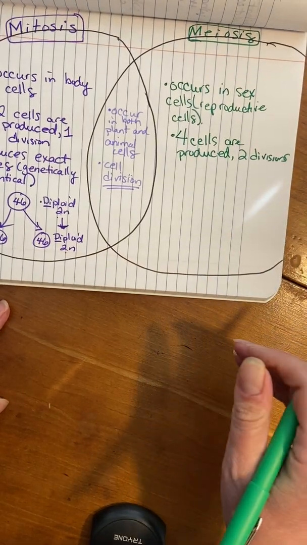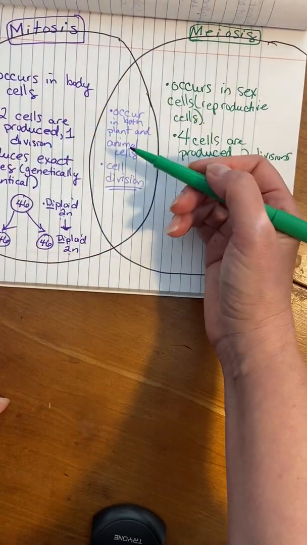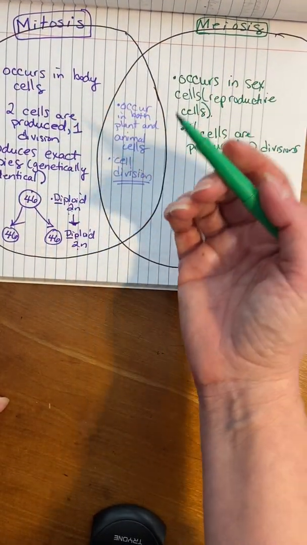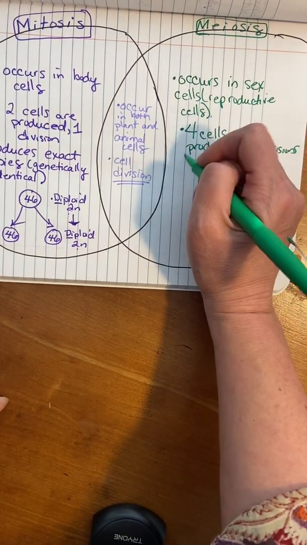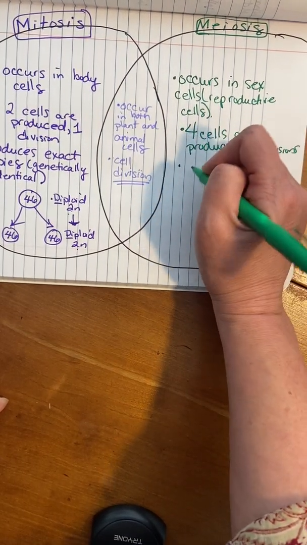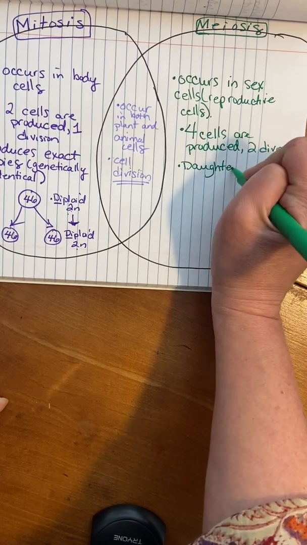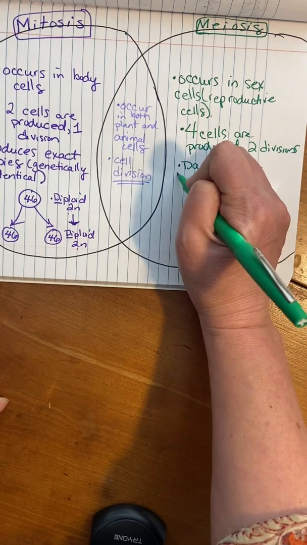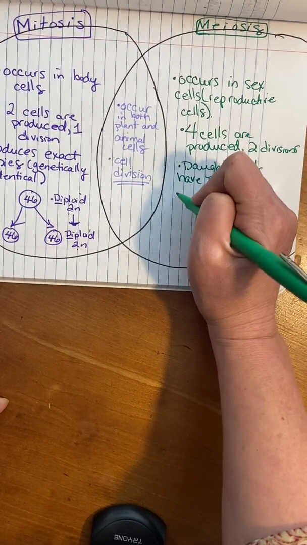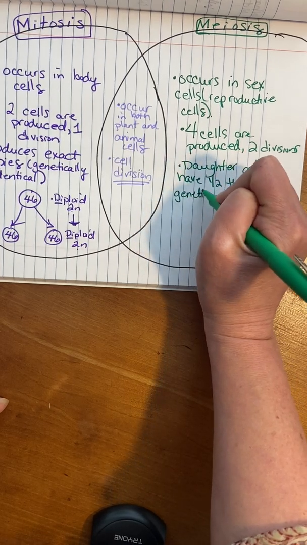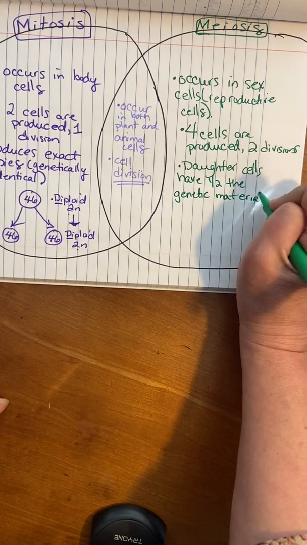So I always think of meiosis as mitosis done twice without that replication of the DNA the second time. So it ends up being half the genetic material in those 4 daughter cells. So the daughter cells have exactly half the genetic material or number of chromosomes.